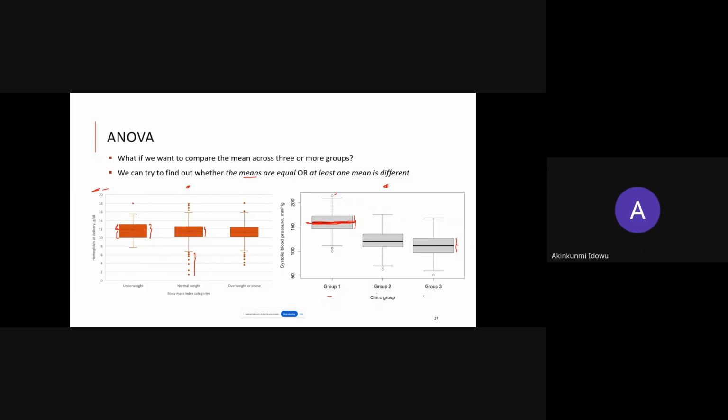Okay, almost. Does everybody agree? No, they're different. I think for the underweight, they are not equal.